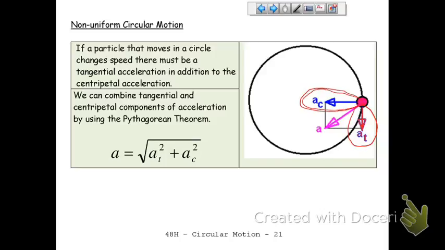So, of course, the classic things I can ask you is, what is the value of the overall acceleration? What is the angle to the centripetal or the angle to the tangential? And it's basically just using Pythagoras to get the actual value for the overall acceleration, and then using tan to the minus 1 for the angle.